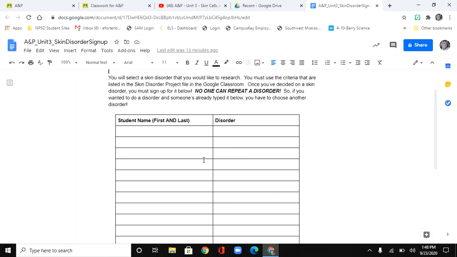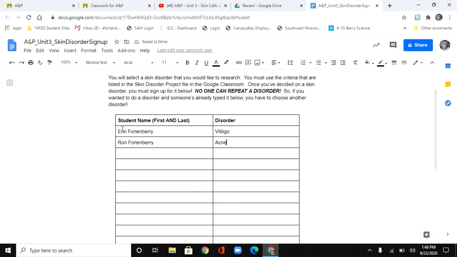Once you get in there and you've decided what skin disorder you would like to research, you are going to type your first and last name here. So I might do Erin Fortenberry. And I might choose to do the disorder vitiligo. Okay, that means that if Mr. Fortenberry was in the class and he came in second, Ron Fortenberry, and he went to put in vitiligo and he realized that I had already done it, he would have to change to something else like acne.